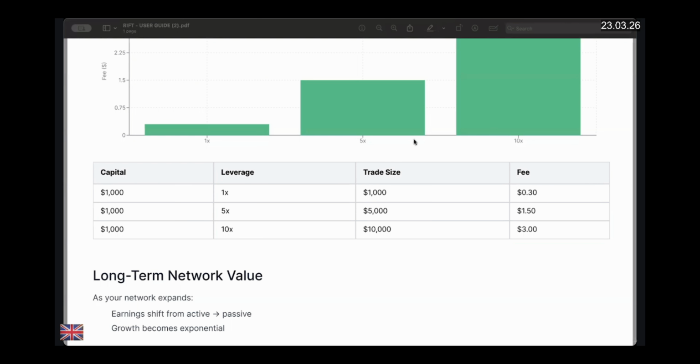It is actually crazy to see how big a volume can be traded with even small ticket sizes, with even just a few people. And I don't think we have a lot of people trading on Rift, just 1600 traders so far, and they have made a volume of almost 200 million US dollars.